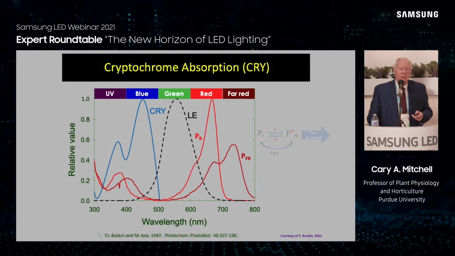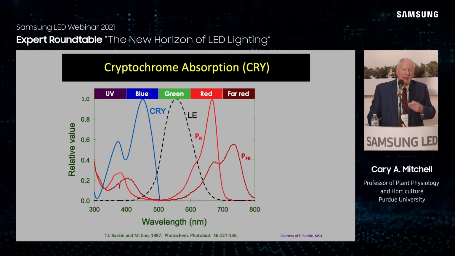And then I add another one, the peak of the blue absorbing pigment, cryptochrome, which is important for stomatal movements. Blue light opens the stomates on leaves typically, and other things like phototropism and others we don't even know yet. So there are some of the plant-centric pigments, with the dotted line, again, being the luminous efficacy for the human eye.